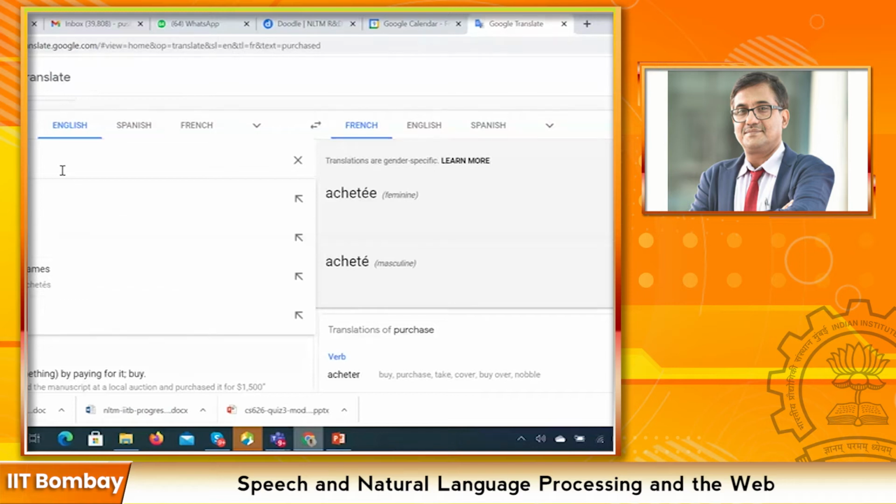It is suggesting French translations and has a bit of a disadvantage because purchased in English is gender agnostic, the same form for both masculine and feminine gender. The French translation has a feminine form and a masculine form. Let's hear the pronunciation also.